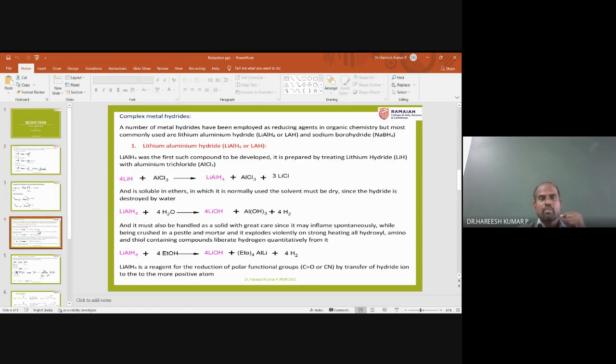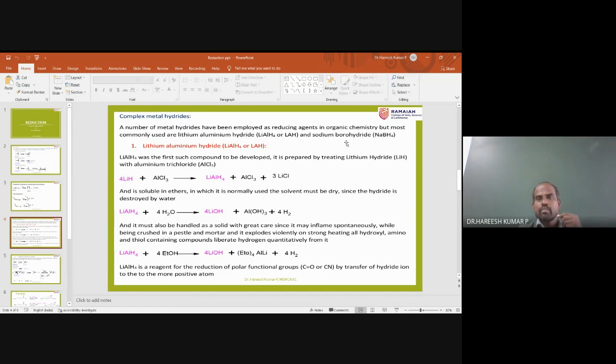So what are complex metal hydrides? A number of metal hydrides have been employed as reducing agents in organic chemistry, but the most commonly used is lithium aluminum hydride, also called LAH. Lithium aluminum hydride belongs to the complex metal hydrides.